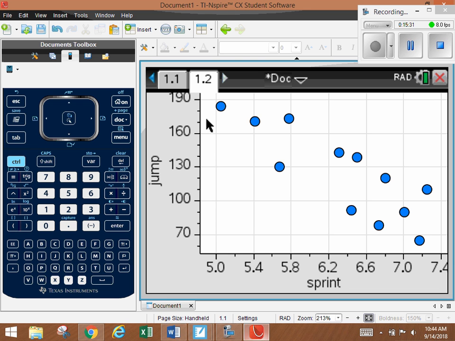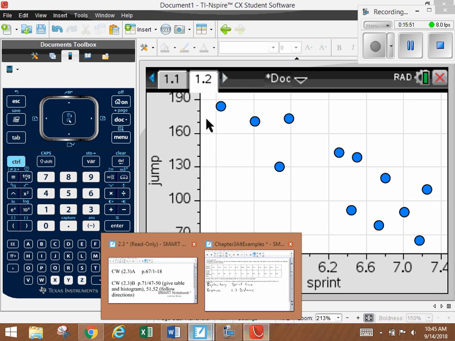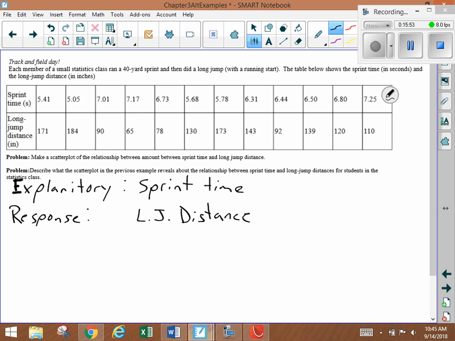So that would be a 100% complete description of this relationship between this particular explanatory and response variable. I'm going to write it down because I want to make sure that we are including all of these elements in our description. It is very important.